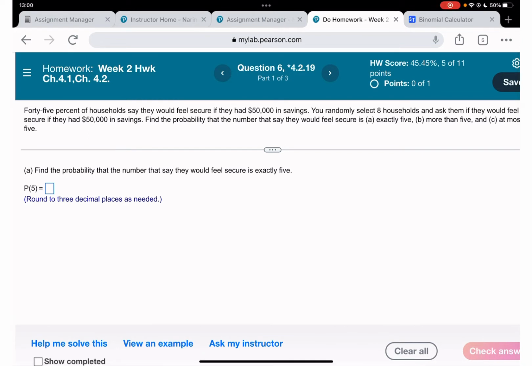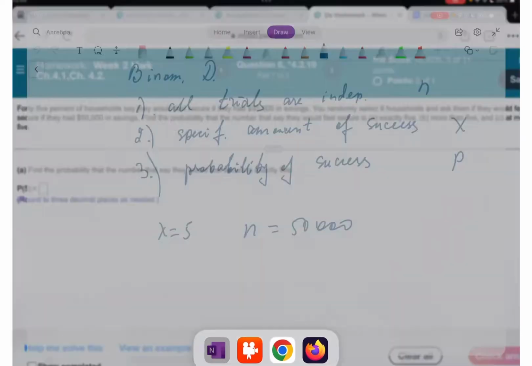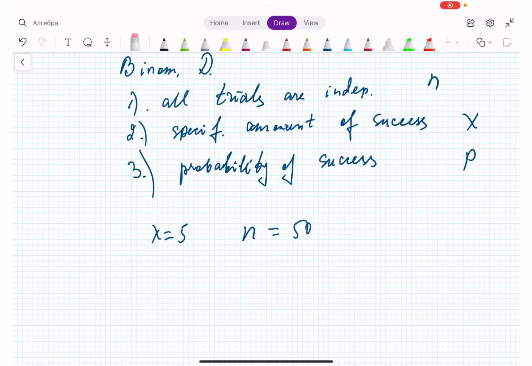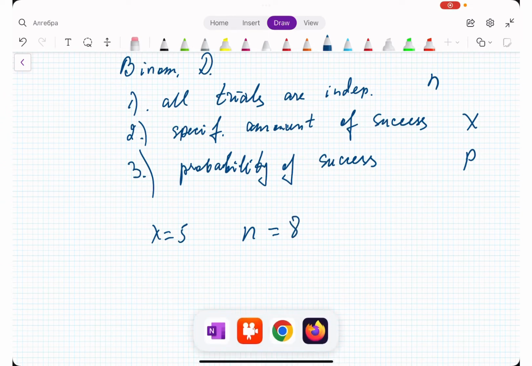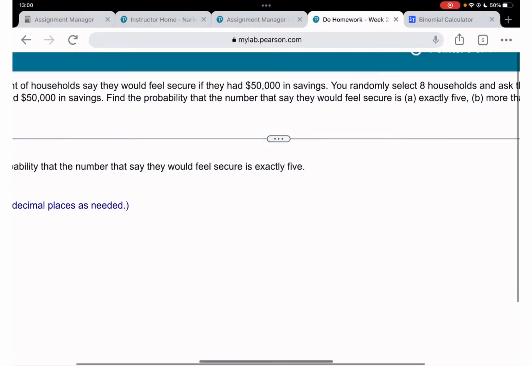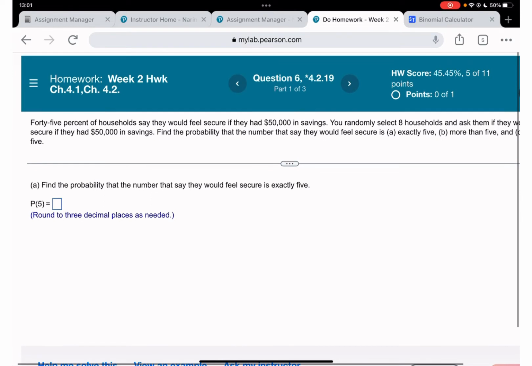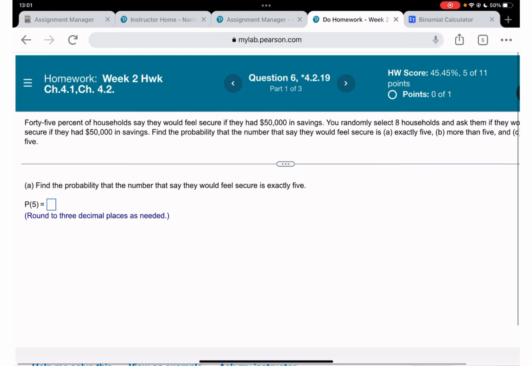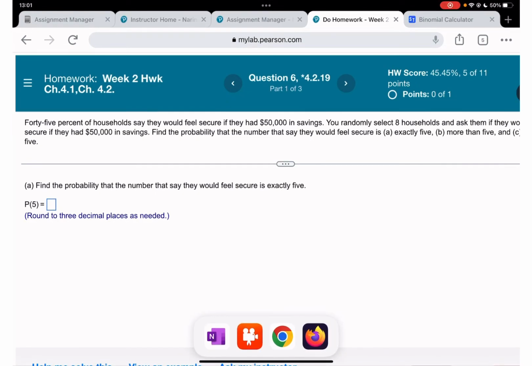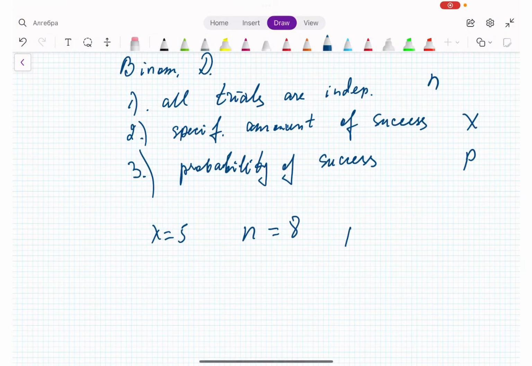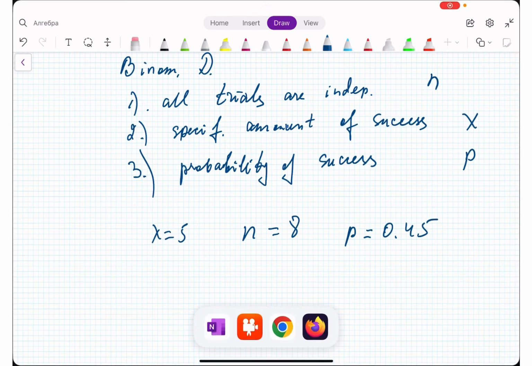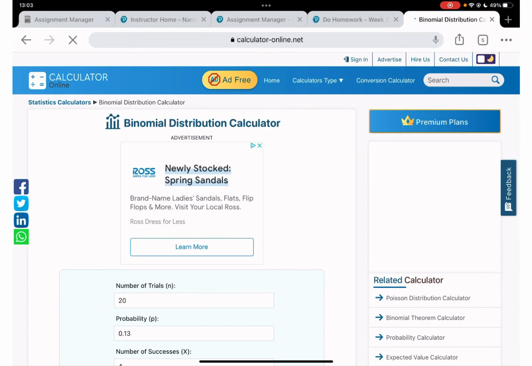You randomly select 8 households. I didn't see that at first. Okay, n is 8, x is 5. We need to find the probability. And 45% here at the very beginning, so p is 0.45.